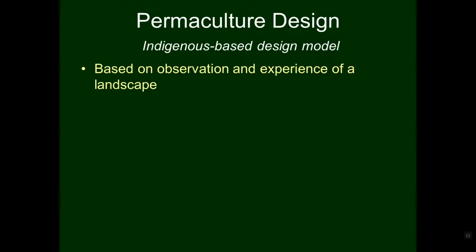The designer would want to spend as much time as possible on the site, just observing the landscape: where the sun goes during the morning, noon, night, where the shady parts are, where the wet spots are, where the low spots and high spots are. A lot of watching, understanding what's already going on there ecologically.